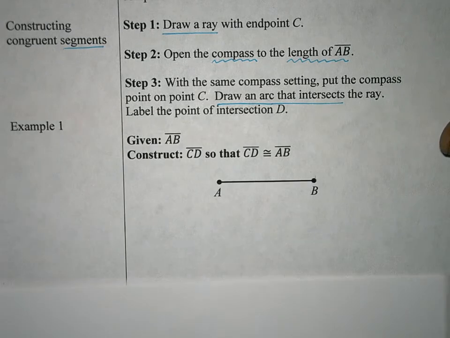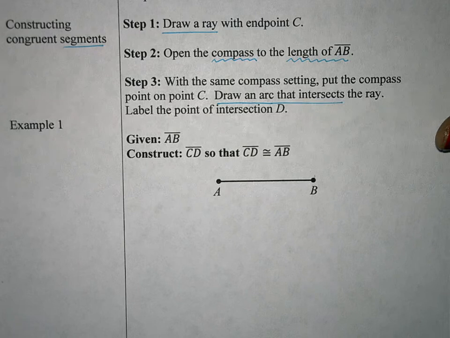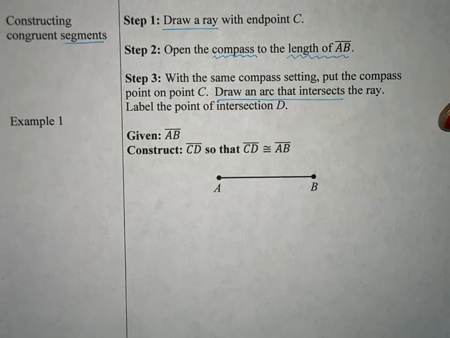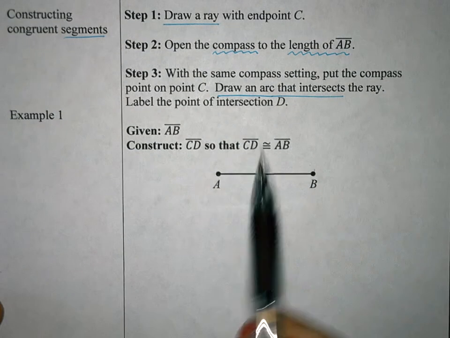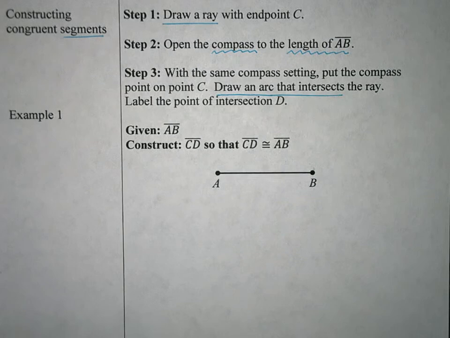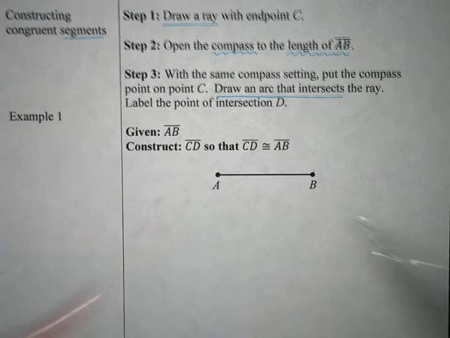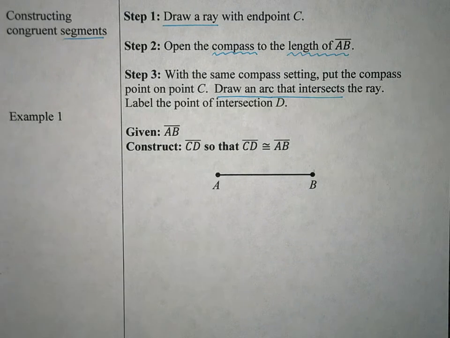Okay, so here is your first example. I will leave the steps up so that we can follow them. What is given to you is segment AB, so that's the given segment. On your notes, just draw a segment and label each point A and B. Everybody's does not have to be the same length for the purpose of the example.